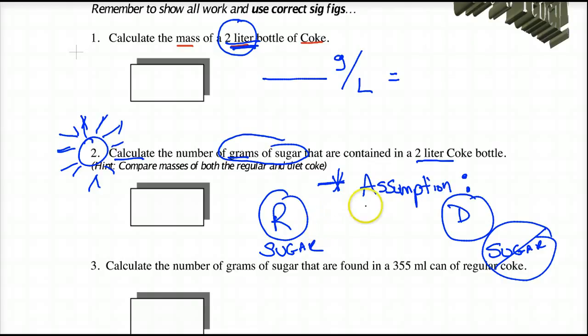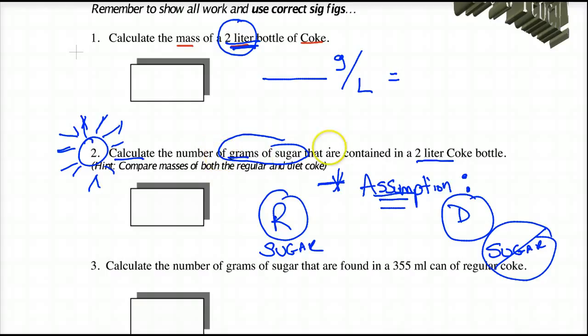That's how we come up with it. Now that's an assumption that we're going to test the validity of in this lab. So the main crux of this lab, focus people, is that we're going to see if, in fact, we get the right number of grams of sugar from a can of Coke, and we're going to test to see that Diet Coke and regular Coke have the same amount of ingredients except for the sugar.